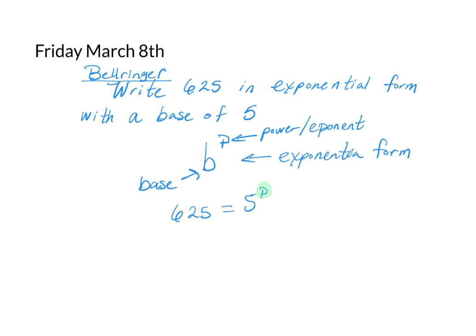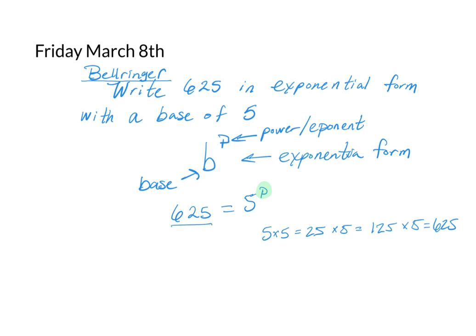You can use your calculator to see that 5 times 5 is equal to 25. And then if you multiply that times 5 again, you get 125. And then if you multiply it times 5 again, you get 625, which is the number that we want.